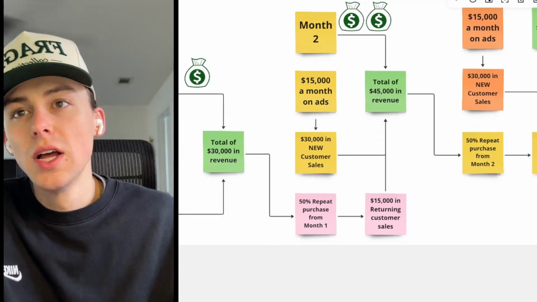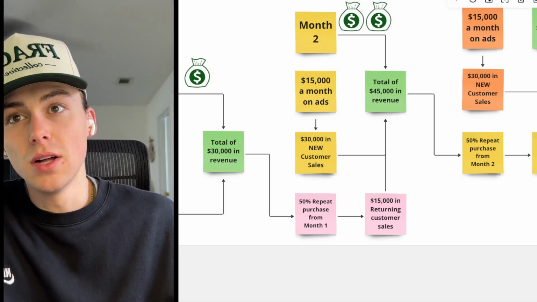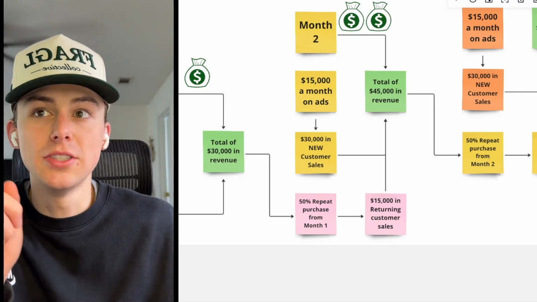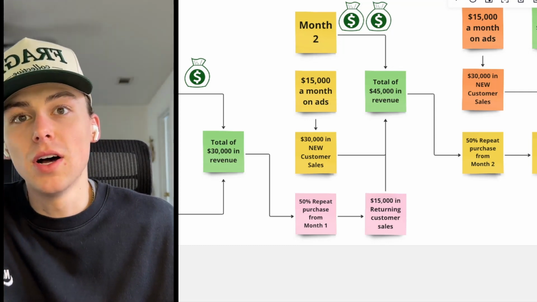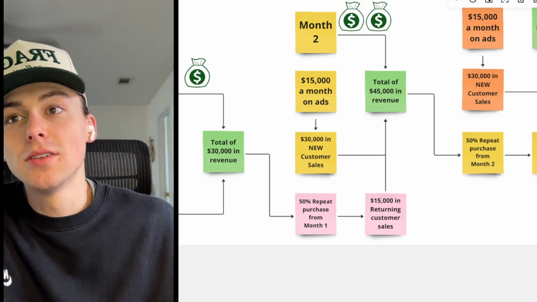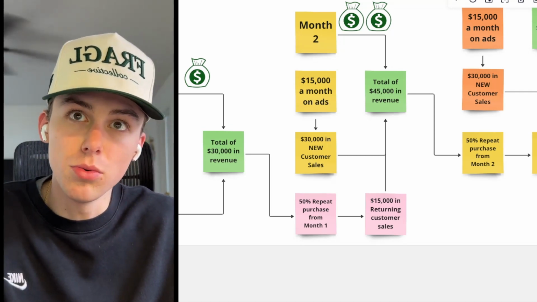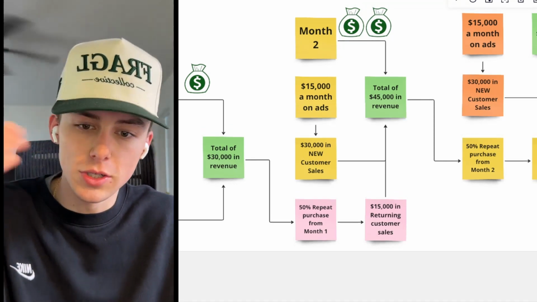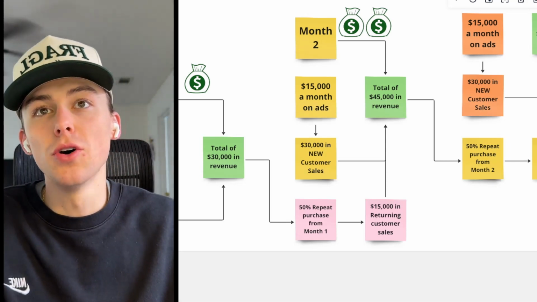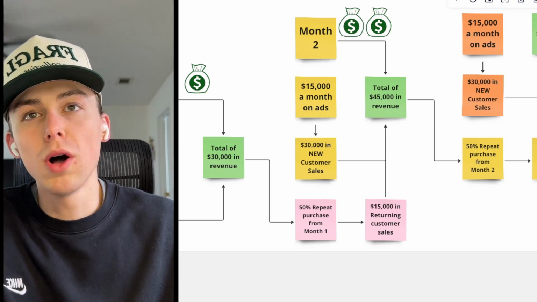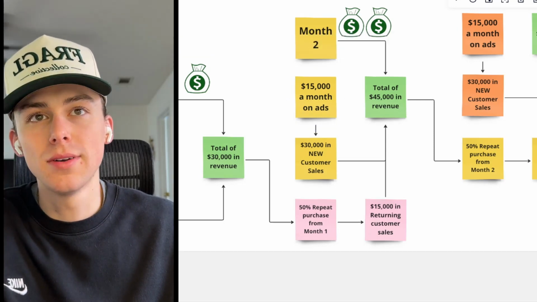So you're looking at $45,000. Technically in month one, that ad spend generated $45,000 because the repeat purchasers came in month two that were customers from month one. Hopefully that made sense. You should see it on the chart here. So in month two, you generated $45,000 in revenue while spending the same $15,000 on ads.